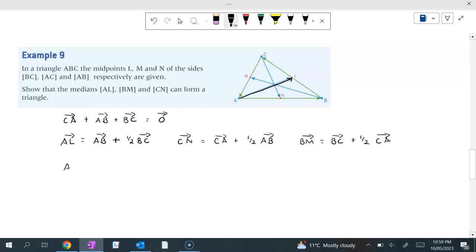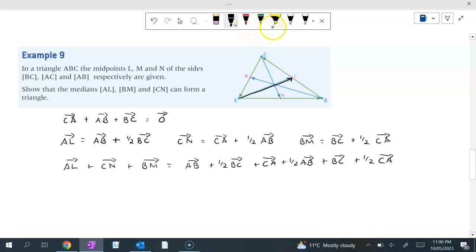Now if I do AL plus CN plus BM, well, that's AB plus a half BC plus CA, this gets a little tedious, plus a half AB plus BC plus a half CA.